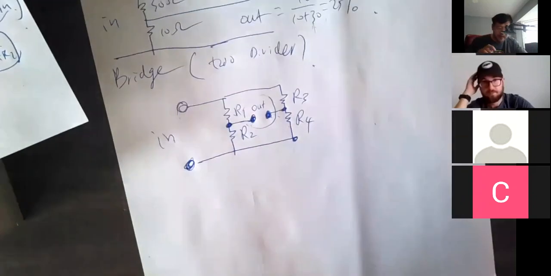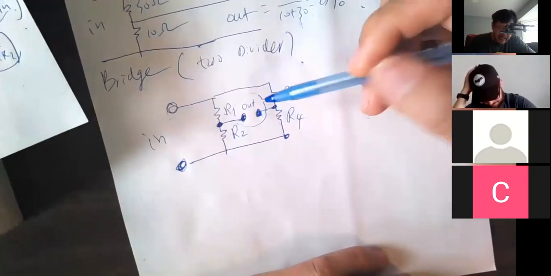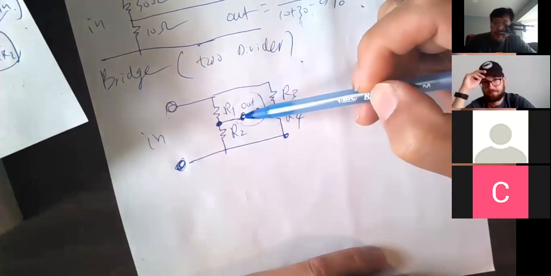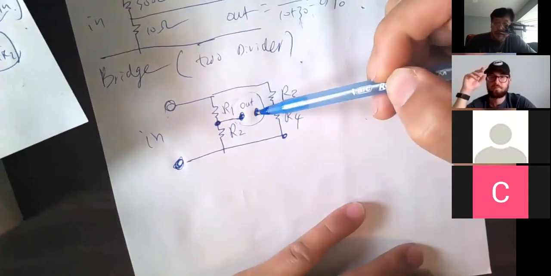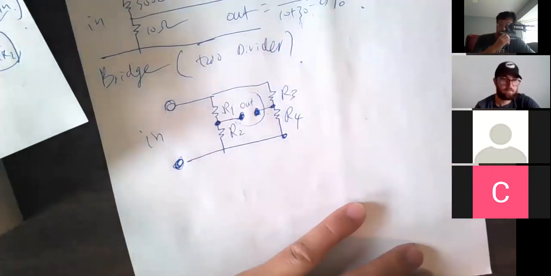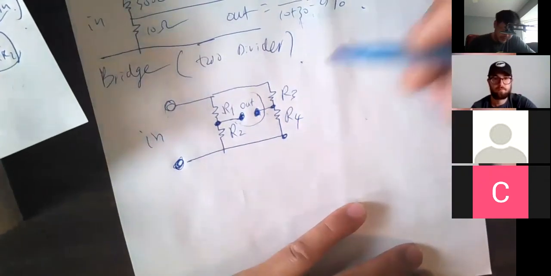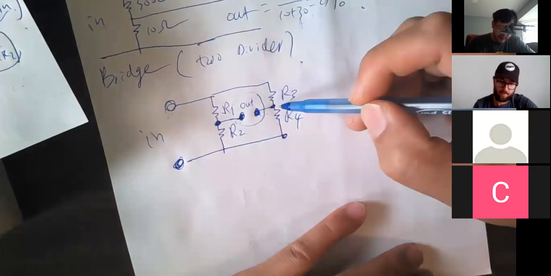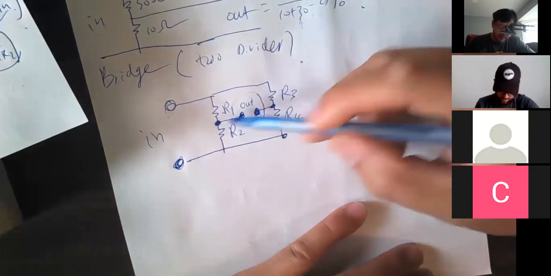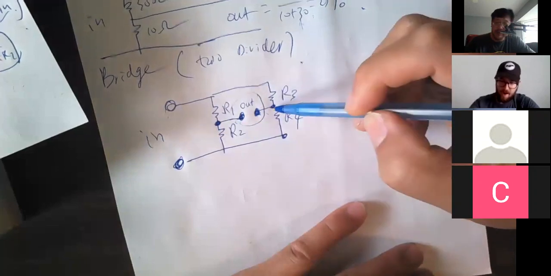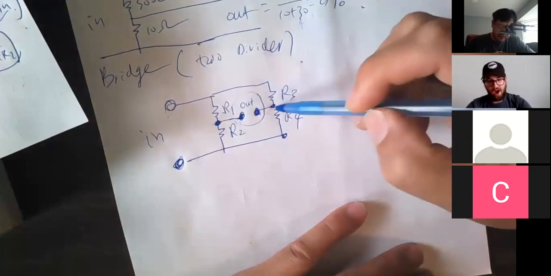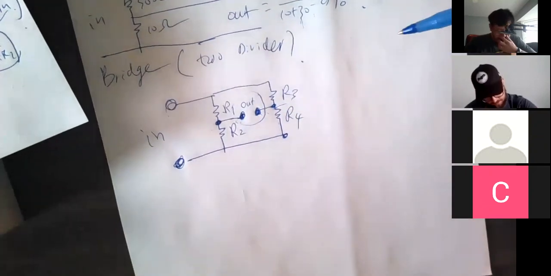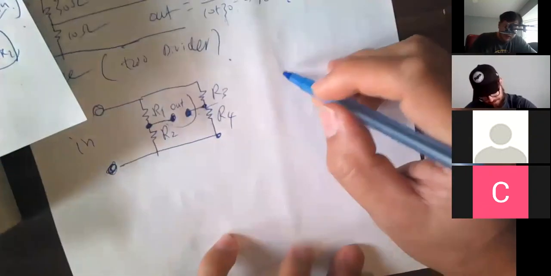So the output is actually the difference between the output of the first divider and the output of my second divider. That is called a bridge, because we are looking at a river between these 2 points, right? We are looking at a bridge between the 2 points. So that's how it got the name. The bridge can be redrawn like this.